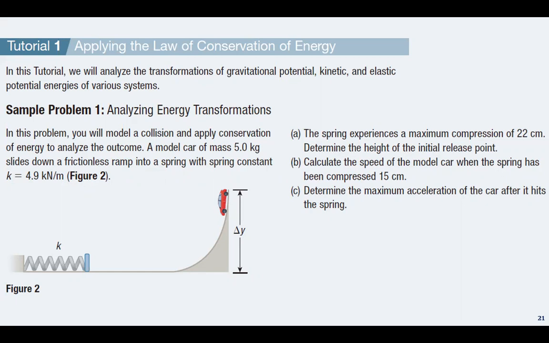A: the spring experiences a maximum compression of 22 centimeters. Can you determine the height of the initial release point? B: calculate the speed of the model car when the spring has been compressed 15 centimeters. C: determine the maximum acceleration of the car after it hits the spring.